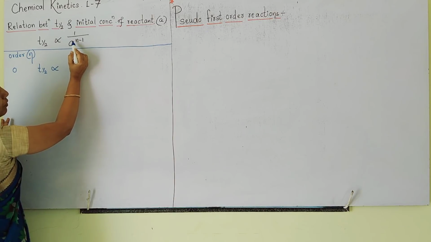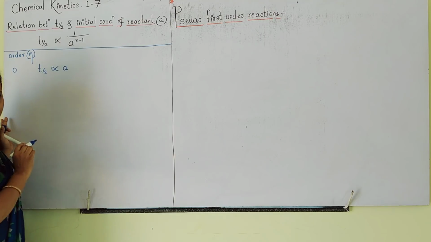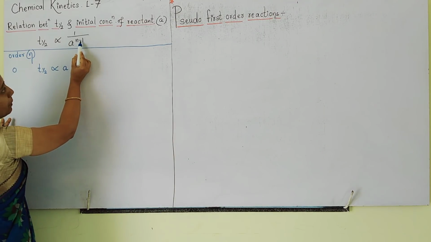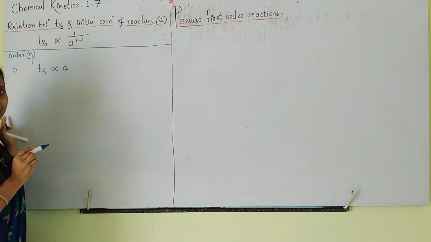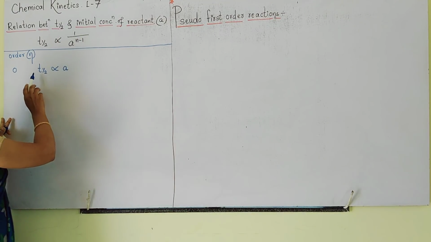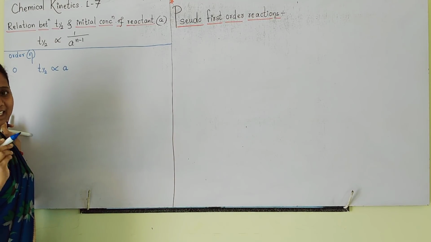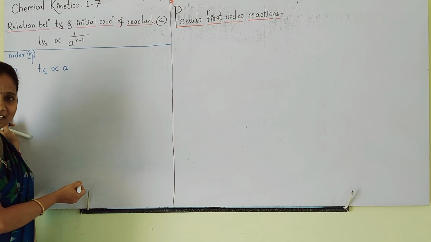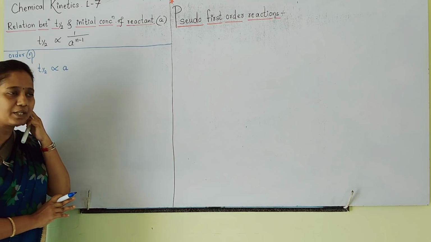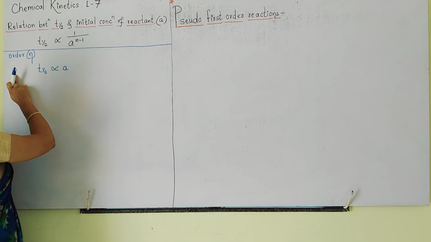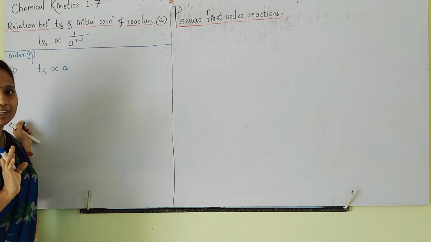A raised to minus 1 means A will go upside, so it becomes A raised to 1. So we got the relationship: half-life is directly proportional to initial concentration of reactant. This is what we proved in the previous board. So for zero order reaction, half-life is directly proportional to initial concentration of reactants.